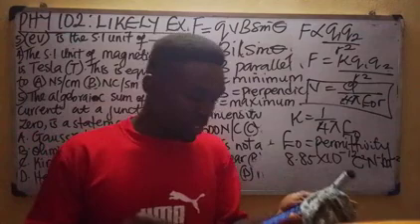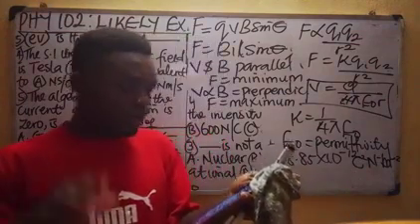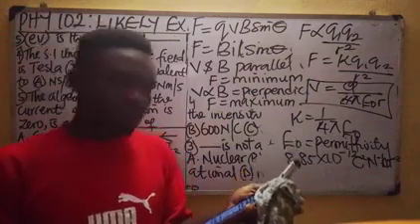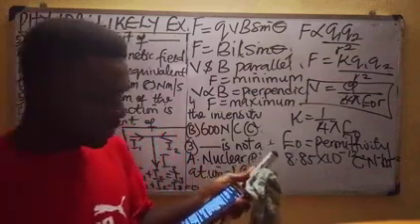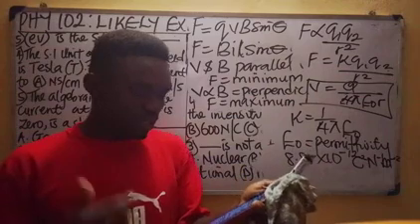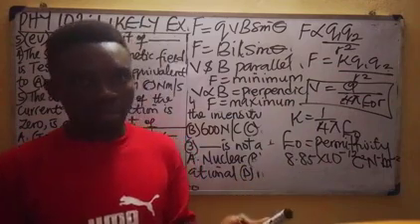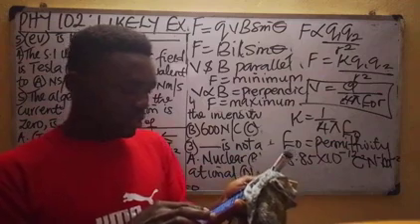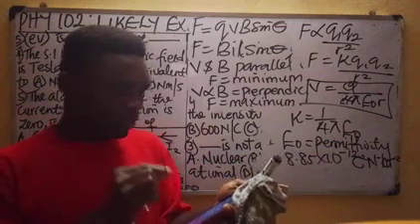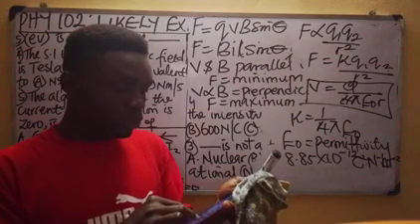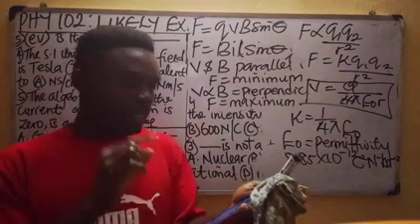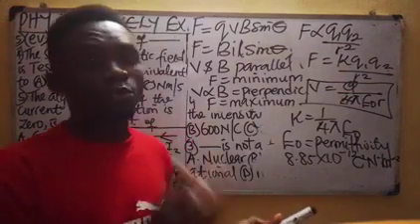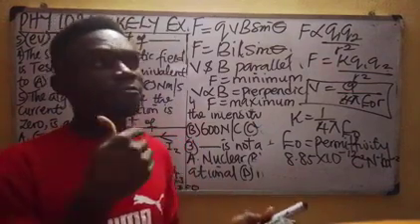At any junction of the electric circuit, the sum of all the currents entering into the junction must be equal to the sum of all the currents leaving the junction. So please take note of that. Don't forget that what is stated in option A is Kirchhoff's second law, which is also called the law of voltage.